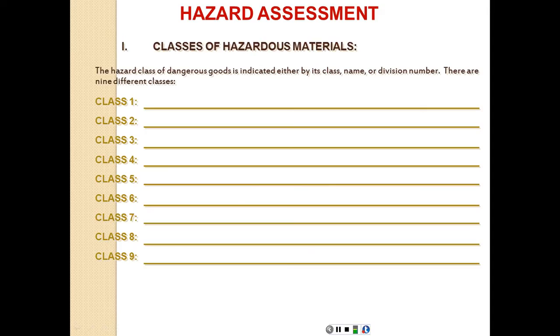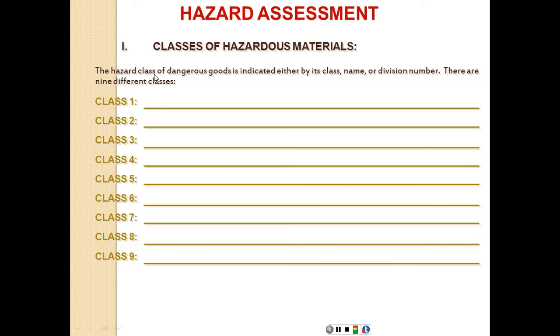The first one is with the DOT classes of hazardous materials. You're going to notice these, by the way, if you are driving on a highway behind a truck that carries a hazardous material. You're going to find some labels on that truck that show exactly what kind of chemical it is carrying, whether it's fuel, whether it's another chemical, and so on and so forth.